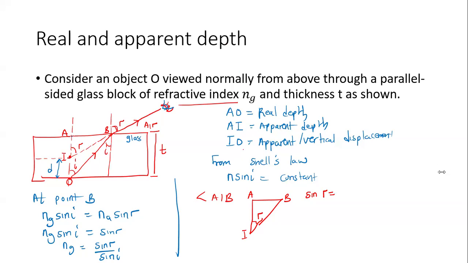Sine r is given by opposite over hypotenuse. Very good. For this case, what is our opposite? The opposite is AB, and the hypotenuse is BI. Very good.